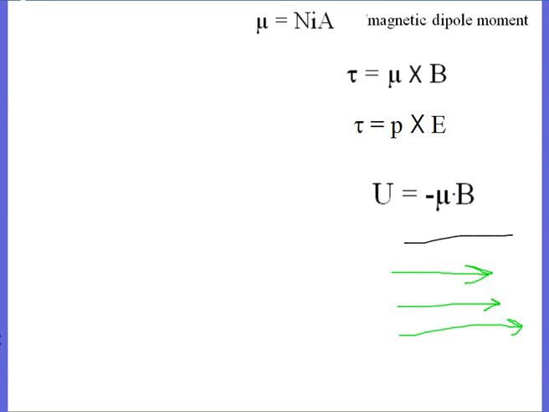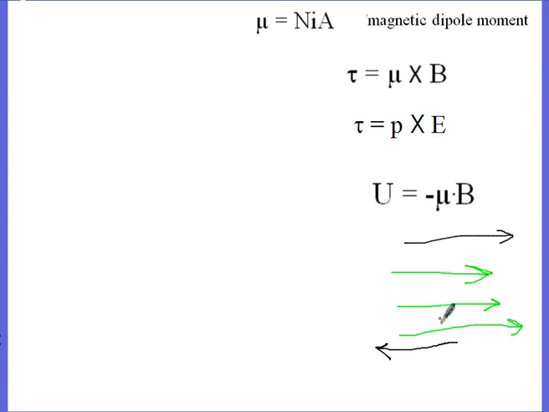So here is a magnetic field, and let's go ahead and we'll go black. If that was the magnetic dipole moment, then this would be minimum potential energy. That's the way the dipole wants to be oriented. If you twisted that dipole, fighting against the torque from this magnetic field, if you were to twist it around so it went that way, that would be maximum potential energy.